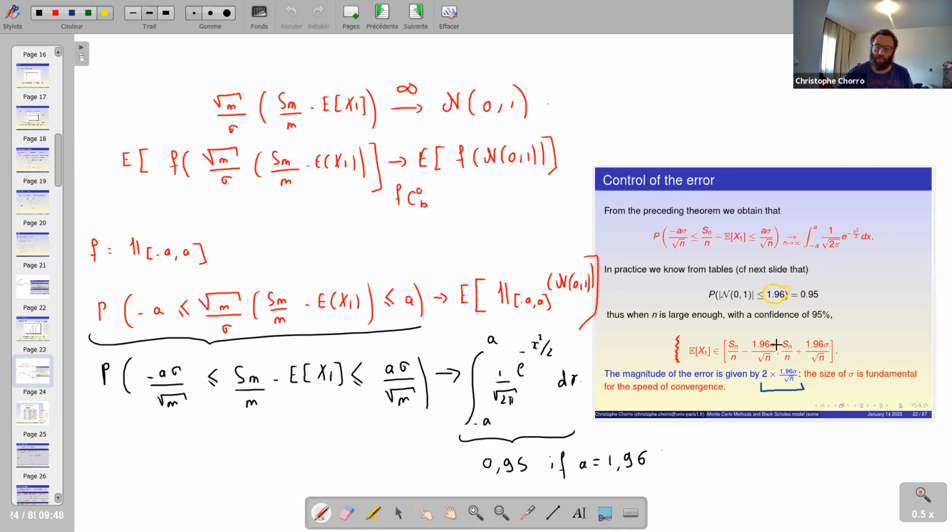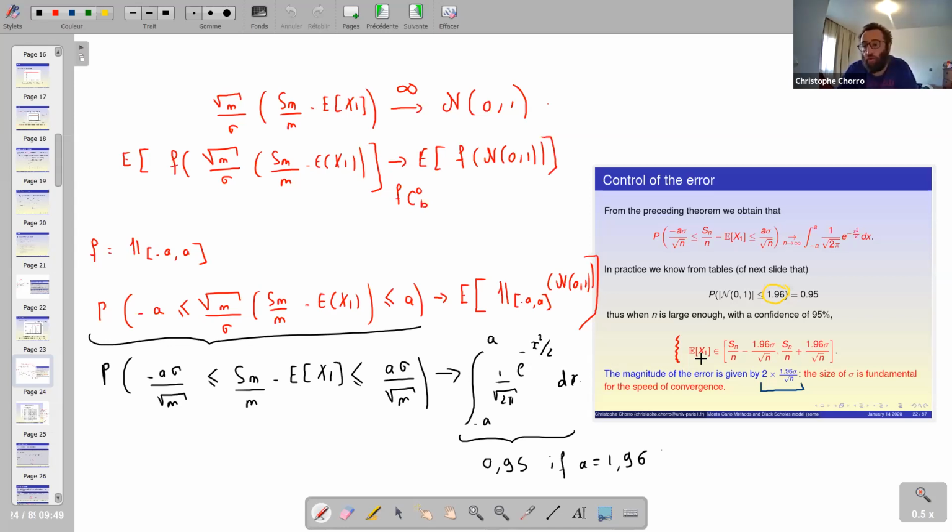But what is sigma? Sigma is the standard deviation of X1. So we are in a situation where I want to approximate the expectation. I can do it from the strong law of large numbers, but in order to approximate it and to have a control on the error I make, I need to know the standard deviation.